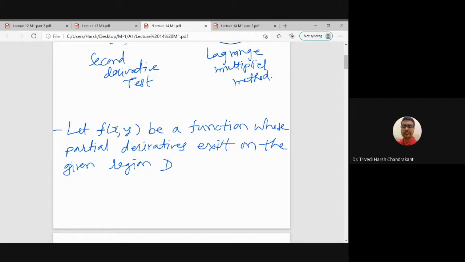So this region D is bounded by some curve.